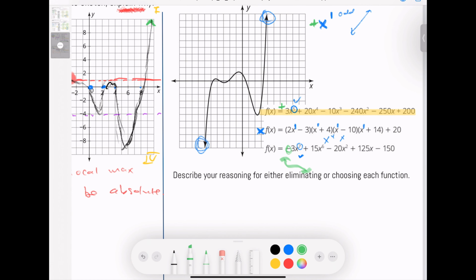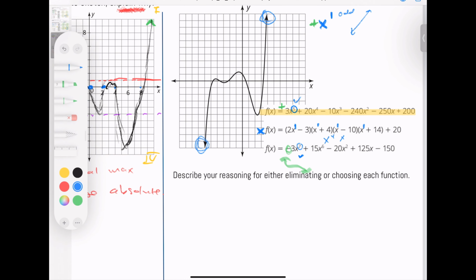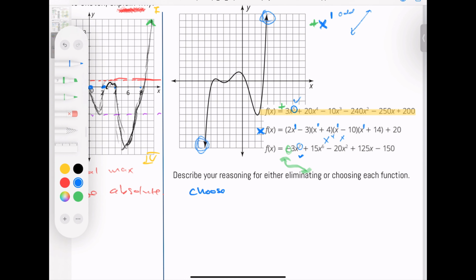Let's just write the sentences based off the colors. Chose first polynomial because it is an odd degree and a positive leading coefficient.